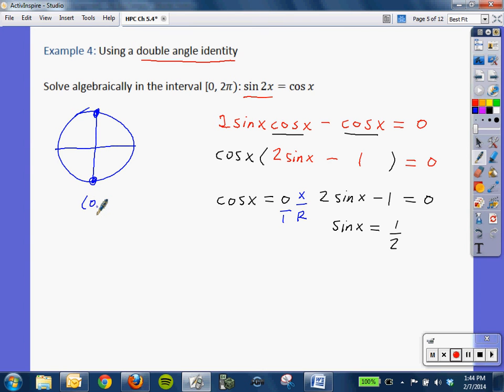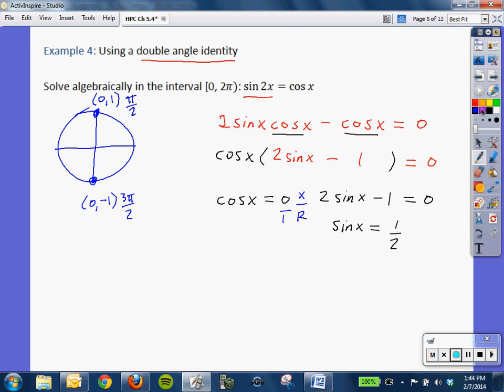This is x is 0, y is -1 if the r value is 1. And right here, x is 0, y is 1 if the r value is 1. This is at pi over 2, 90, and this is at 3 pi over 2, 270. So the cosine of pi over 2 is 0, and the cosine of 3 pi over 2 is 0.